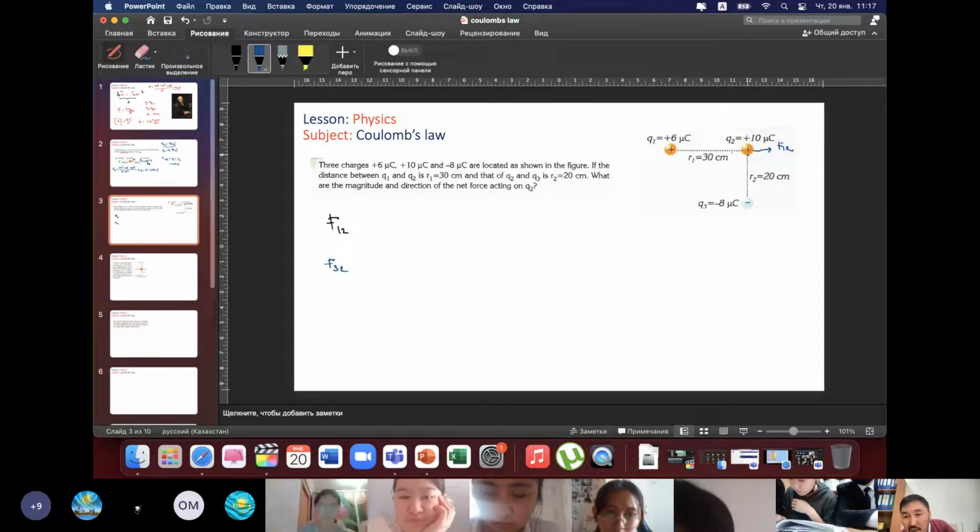Is it outwards or inwards? Inwards. Okay, so I write F3,2 here.